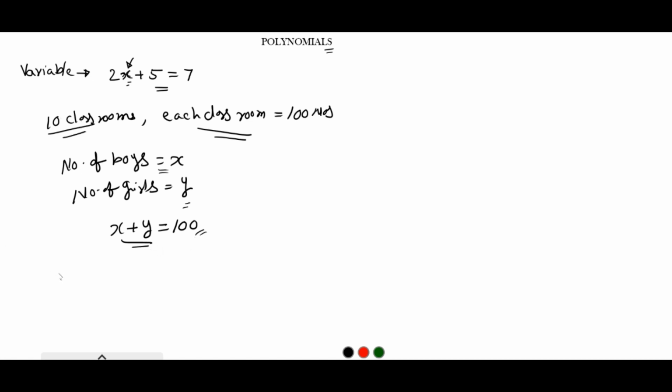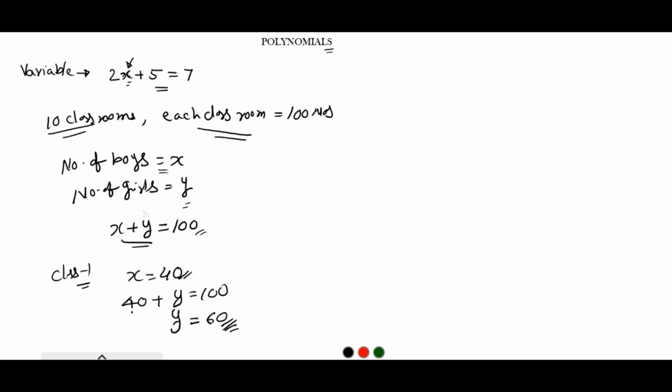For example, in class 1, the number of boys is 40. If we substitute 40 in the above equation, we know that the total is 100, so the number of girls is 60. So in class 1, 40 is the number of boys and 60 is the number of girls.